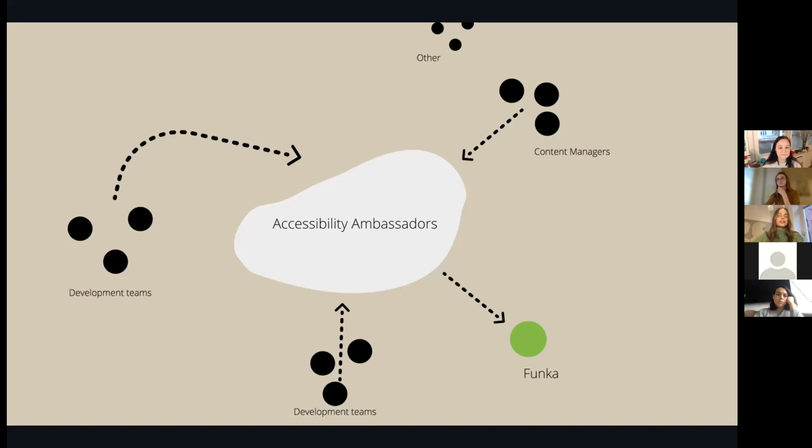So not only designers have responsibility, but we also share knowledge with developers, content managers, graphic designers, and many other roles who are ambassadors for this club. We join regularly every other week, and there are about 20 people so far, and we're growing by the minute.